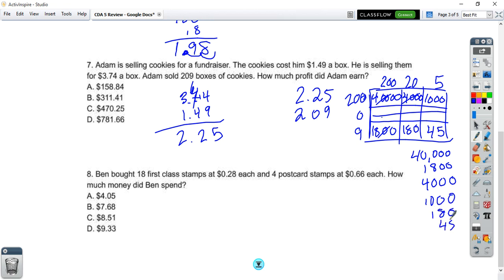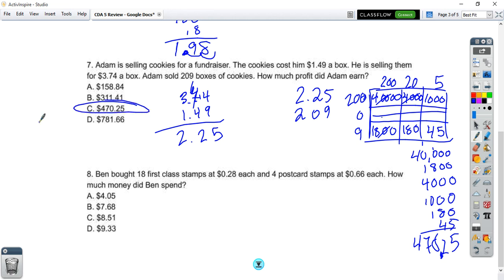Then I have 45. So I have 5. I have 8 plus 4 is 12. Put the 2 down, carry the 1. I have 8, 9, 10. Put the 0 down, carry the 1. I have 4, 5, 6, 7. And I have 4. 47,025. Put my decimals in. Right there. What's up? C.